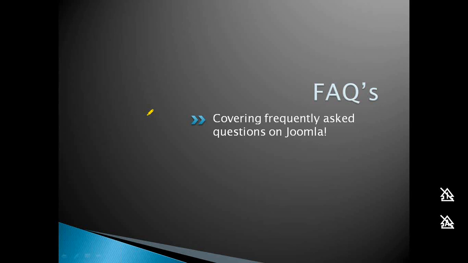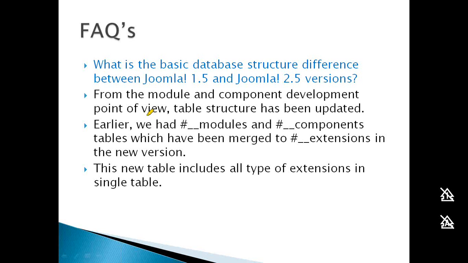Now for the FAQs part, I had a couple of questions with me, so I'm trying to cover them here, and then we can move to the questions and answers session. One of the basic questions I was frequently asked is what is the basic database structure difference between the 1.5 and 2.5 versions.